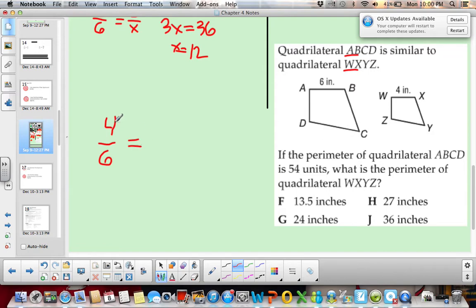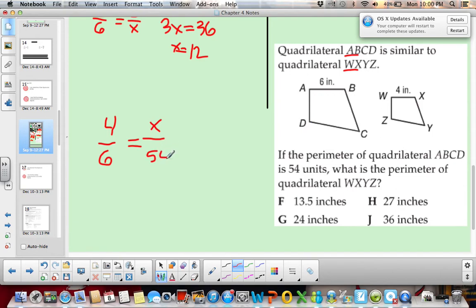So 4 is our WXYZ. We're looking for the perimeter of quadrilateral WXYZ, so we can call that x. And then we're given the perimeter of ABCD. 6 goes along with our ABCD, so that's why we're putting 54 on the bottom.